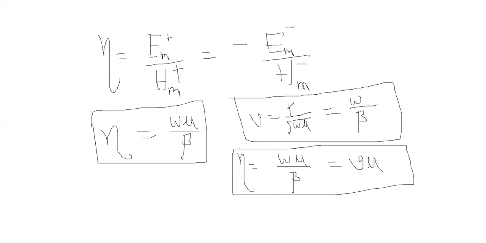Velocity V is the propagation velocity, the velocity of propagation, or we also call it the wave velocity. V is equal to, the two formulas are there, 1 by under root of mu epsilon, not omega mu, it is omega epsilon, my dear students. So wrong I wrote.